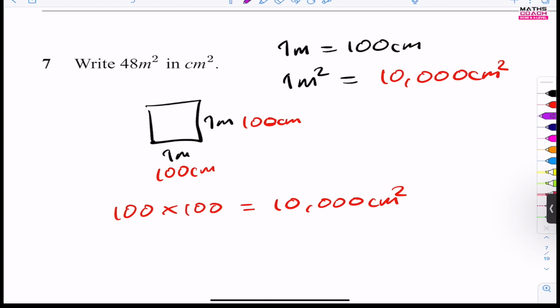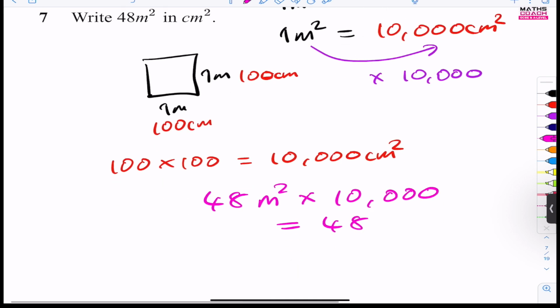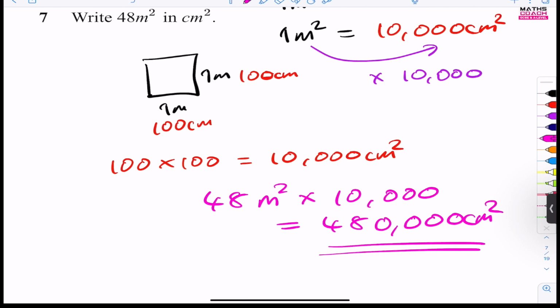So if you want to go from meters to centimeters when it comes to area, then you're multiplying by 10,000. So we want to go from 48 meters squared to centimeters squared. So we're going to do 48 meters squared times 10,000. And that gives us 480,000 centimeters squared. And that's your answer.